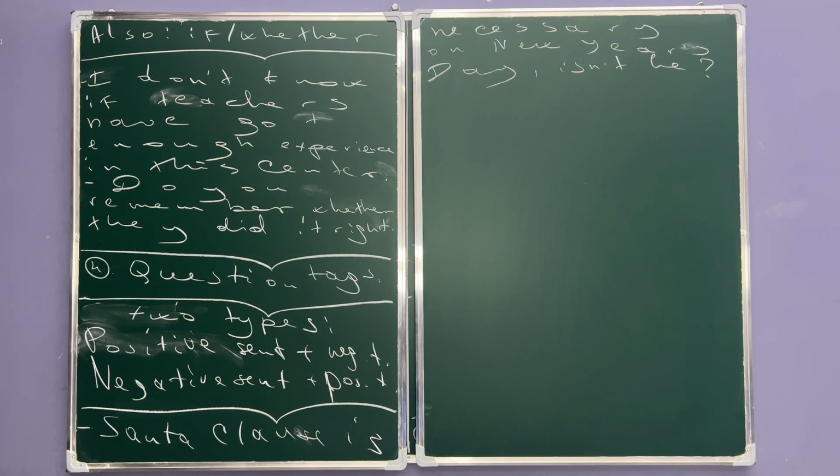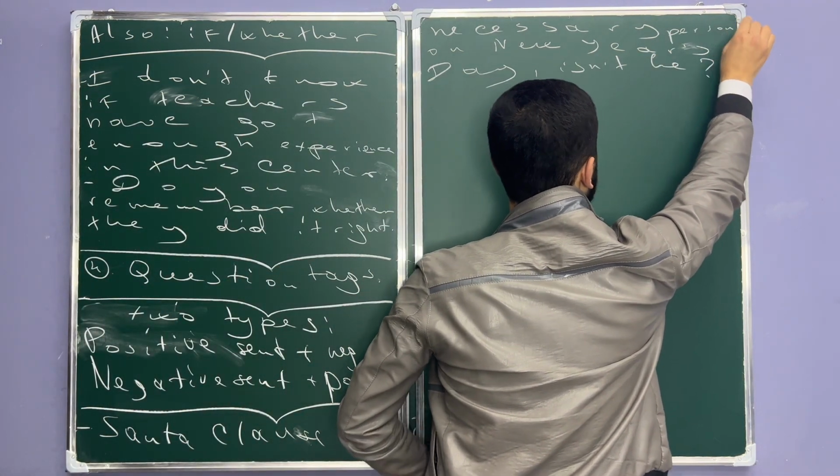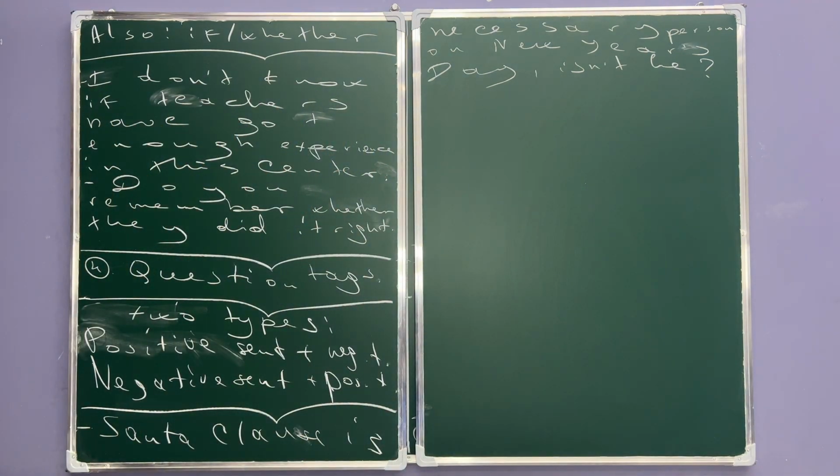Santa Claus is a necessary person. Do you wait for Santa Claus on New Year's Day or not? You are not babies. You get it, right? I used is at the beginning of the sentence in a positive statement, and at the ending, the question tag is in negative.